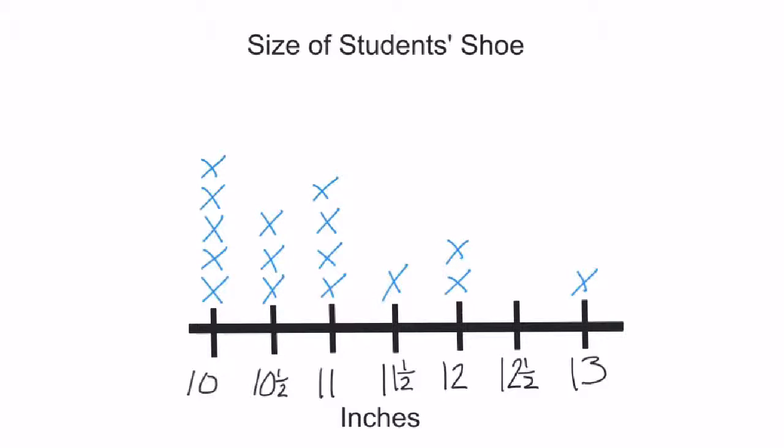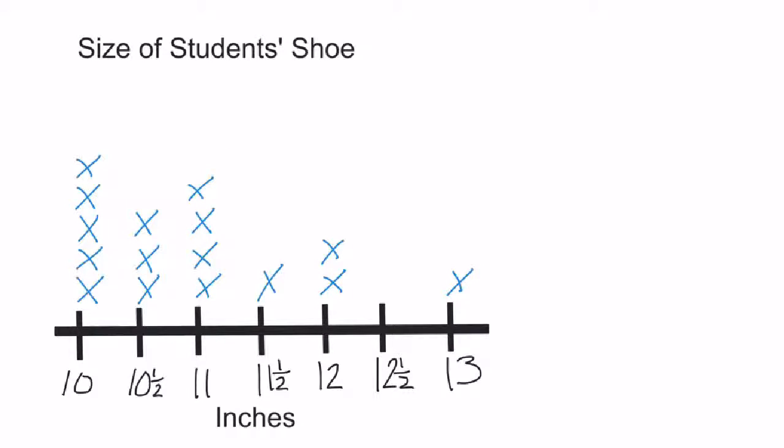And it's important to recognize exactly what these x's represent, because we are going to be asked questions about the x's and about the data at the bottom, or the graph at the bottom. Keep in mind that all of these x's are coming from a data point. So we know that all of these x's came from different numbers.